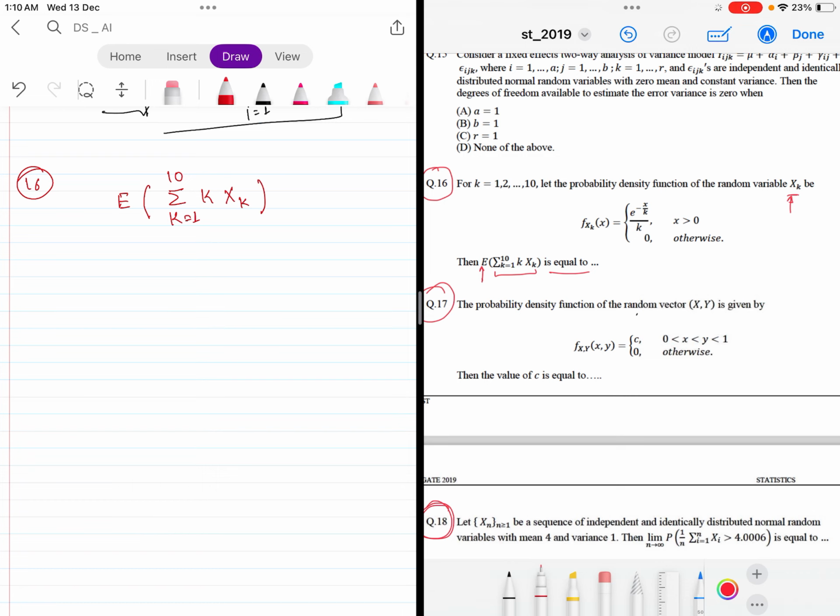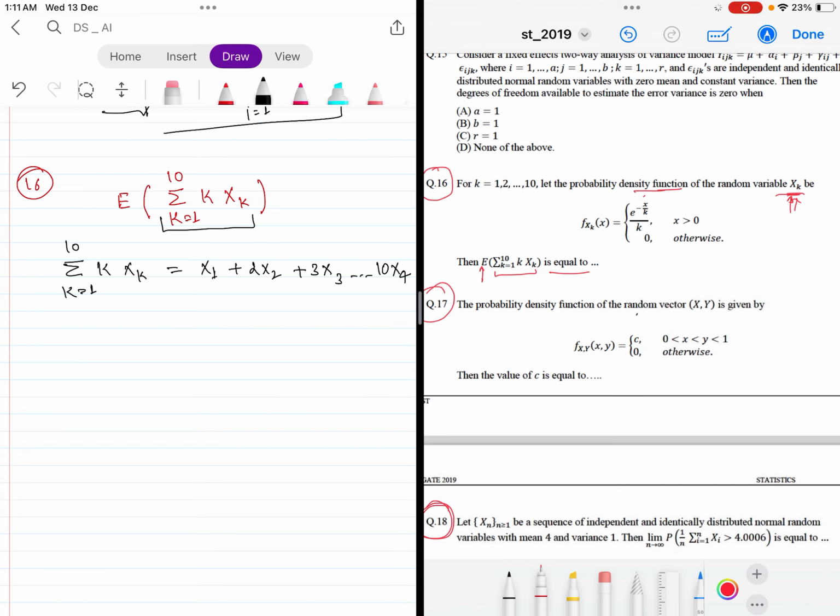So the summation of k xk for k equals 1 to 10 will be 1 times x1 plus 2 times x2 plus 3 times x3 till 10 times x10.